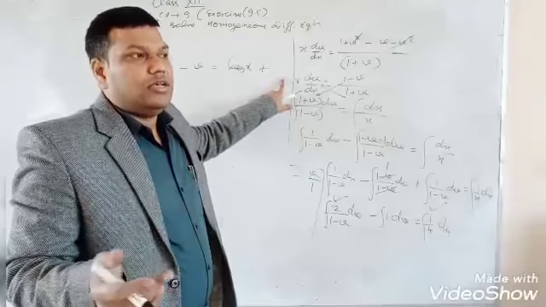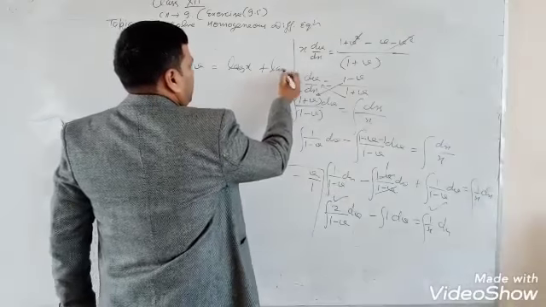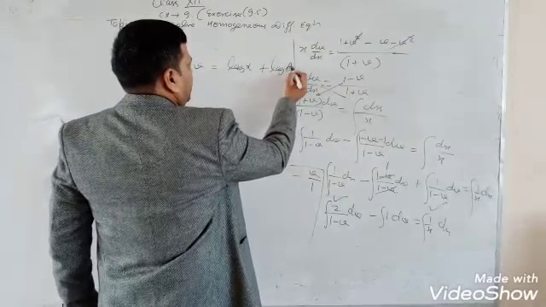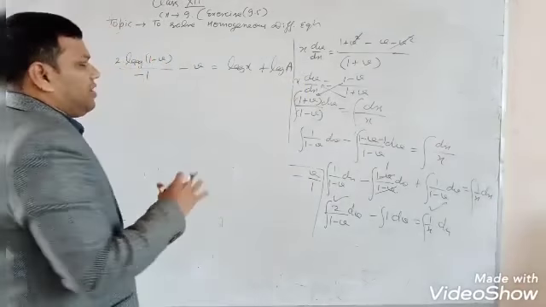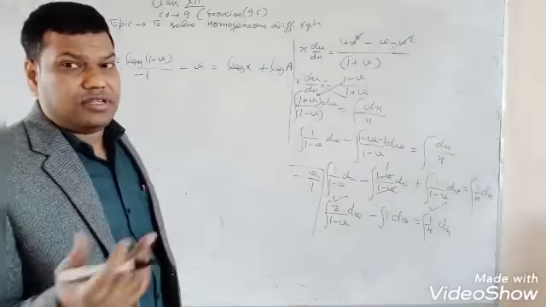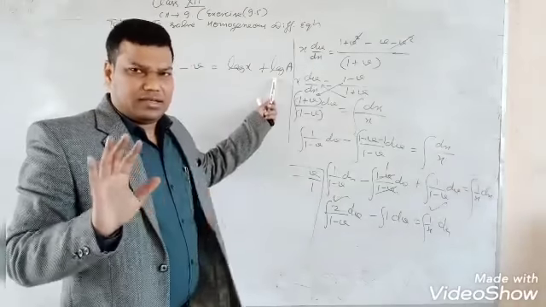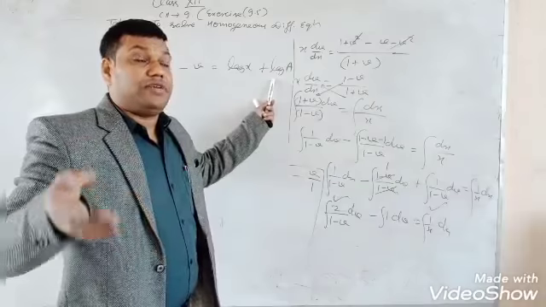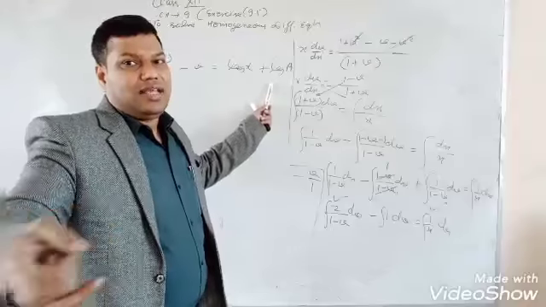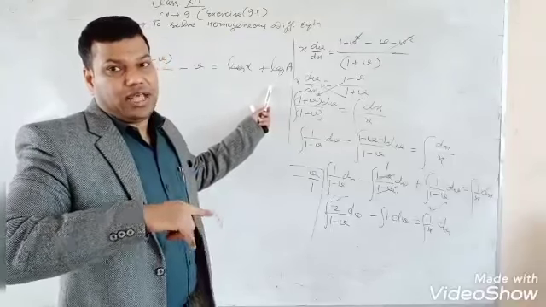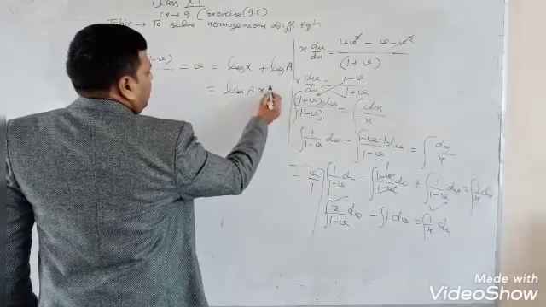So you have to take it so that it will be log a, right? I have taken a different constant so that we can match the answer. If it is not required to match the answer, you can take anything, right? But if it is given to prove that, or find the particular answer, then you have to match for that, right? So it will be log a into x.